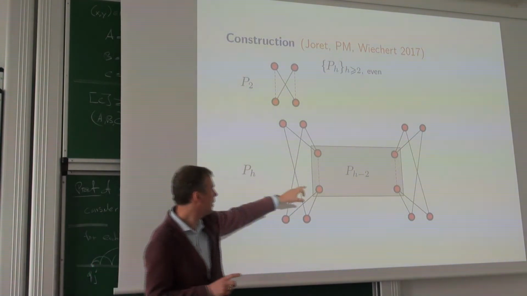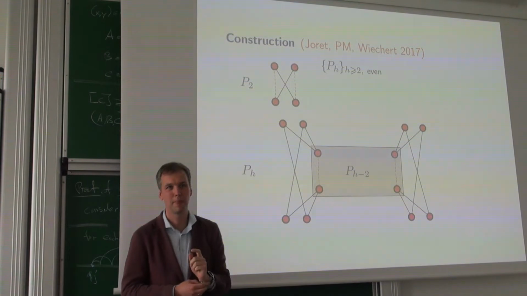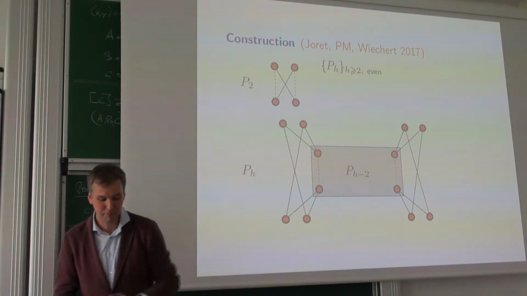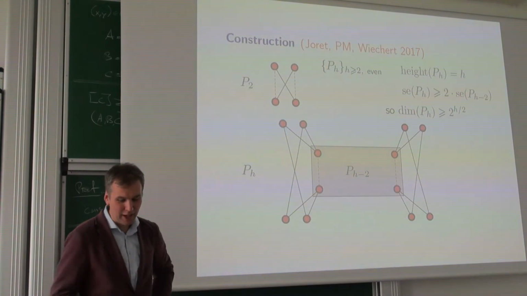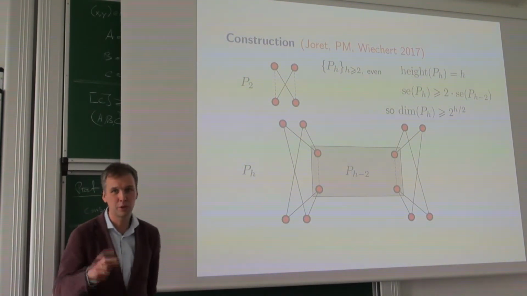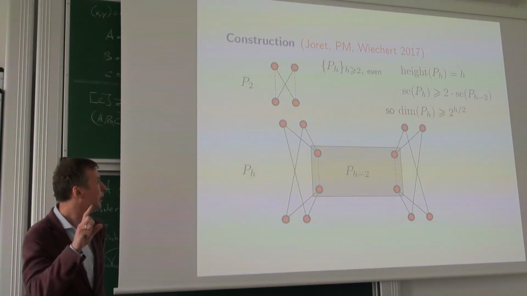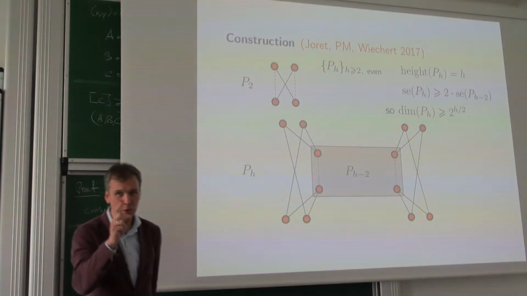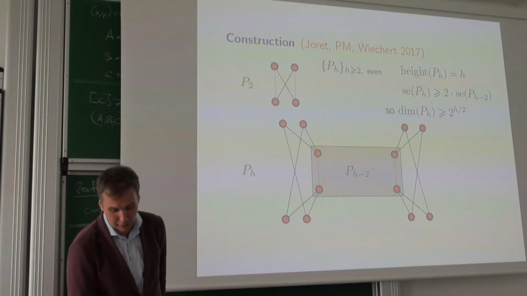For each pair like this, you attach this gadget. What do you get? The height is H. Each step the height grows by 2. You start with P2, which has height 2, and in each step the height grows additively by 2.